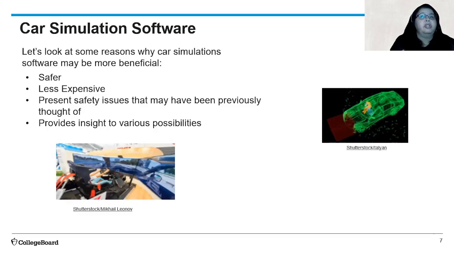A simulation can bring to light the safety issues without actually having someone in the car and maybe getting hurt. Okay. So again, a simulation is also an easier adjustment to gain insight on various possibilities, and you can run them faster again than setting up cars, driving them around to do the experiment.